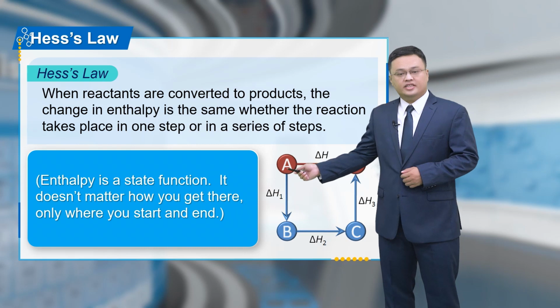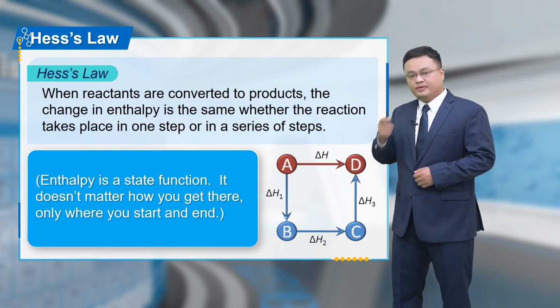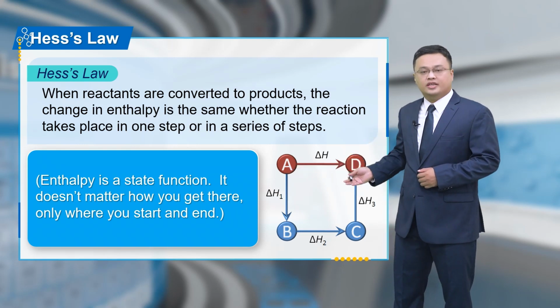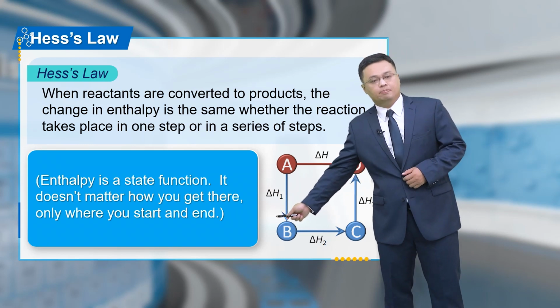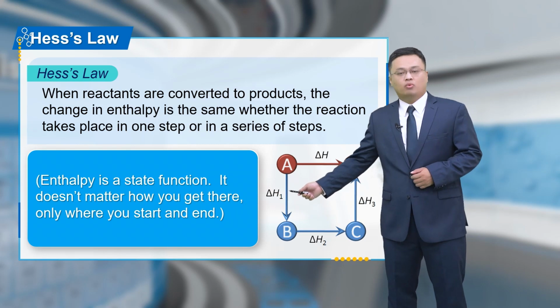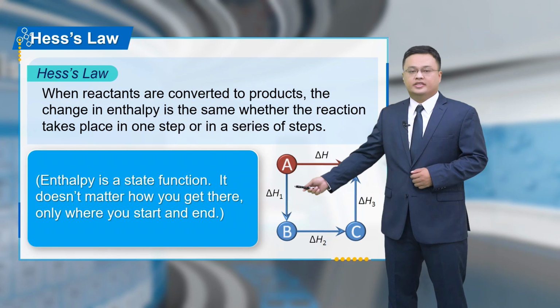From reactant A to product D, the enthalpy change is fixed. No matter whether you go directly from A to D or through two intermediates, B and C, the sum of delta H1 plus delta H2 plus delta H3 equals the delta H.